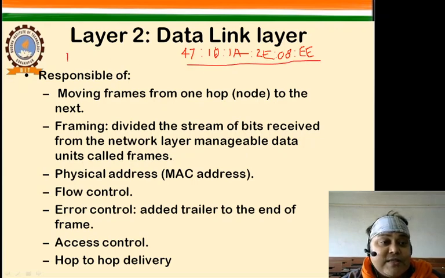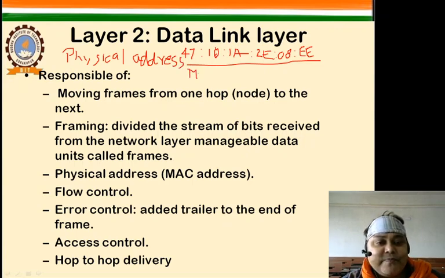This is known as the physical address, or you can say this is the MAC address. Where do you get this from?